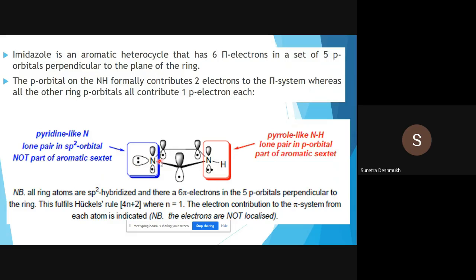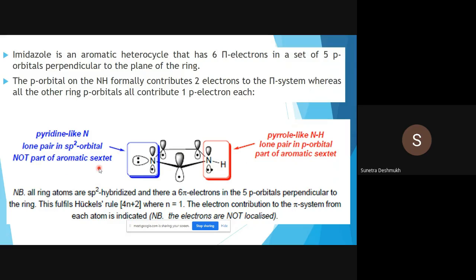Another nitrogen atom present in imidazole, the nitrogen atom which doesn't have an NH bond, we can call that nitrogen atom pyridine like nitrogen. Okay, so this nitrogen atom is pyridine like nitrogen. Its lone pair is in an sp2 orbital. Here the lone pair is in a p orbital on the pyrrole like nitrogen, and on the pyridine like nitrogen, the lone pair is present in an sp2 hybrid orbital, and that lone pair is not a part of the aromatic sextet.